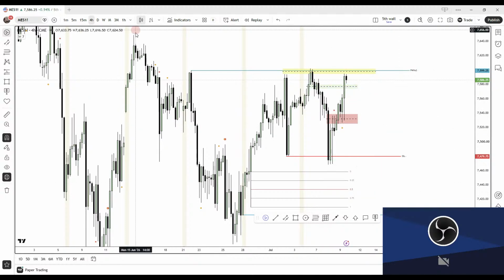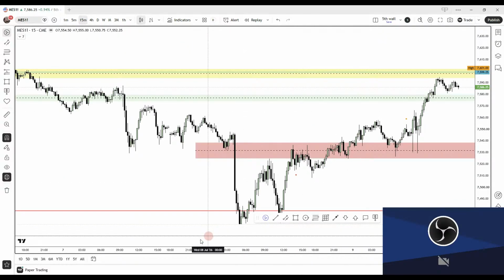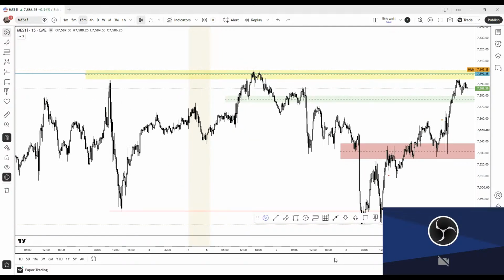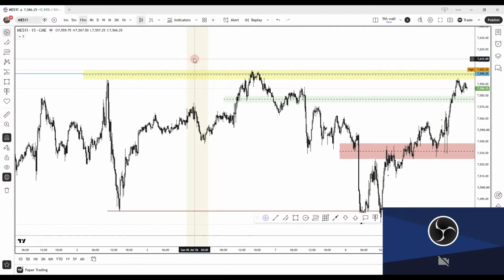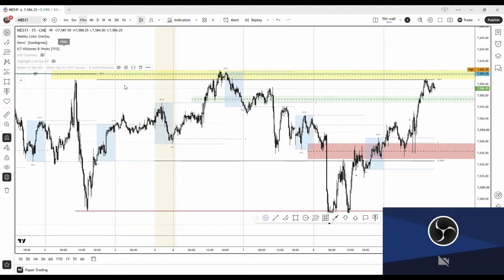All right, so let's go 15-minute chart because that's my sweet spot. Anyway, this delineates the start of a new week. This is definitely Sunday's price action right here. So we're going to put this on so we can see midnight open, everything's midnight open. So this is Monday.